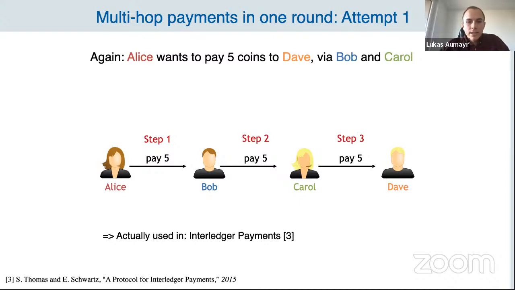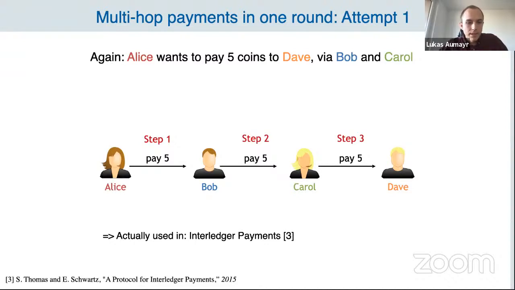A very simple approach could be one where Alice and Bob simply update their channel such that in the new channel state, Bob has 5 coins more than before. So actually, in the new state, Bob received the 5 coins from Alice.